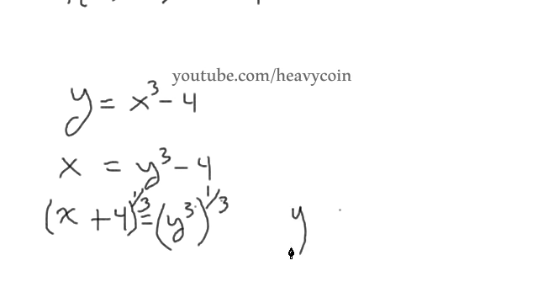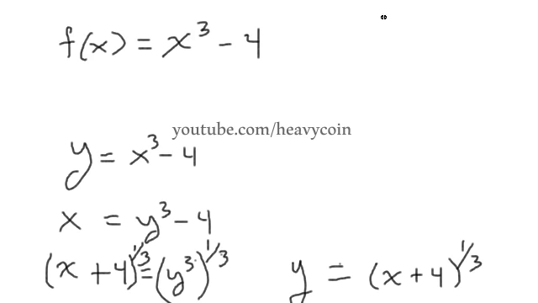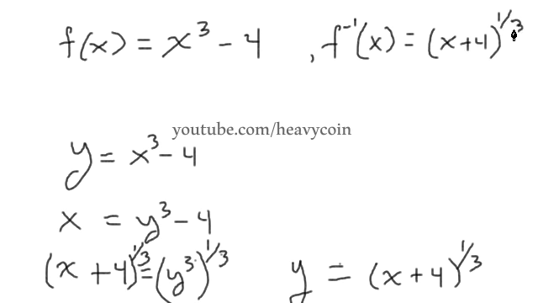I'm just going to write it over here and flip this around, so don't get too confused there. So there you go. This is the inverse function of our original. So f inverse of x is x plus 4 raised to the 1/3.